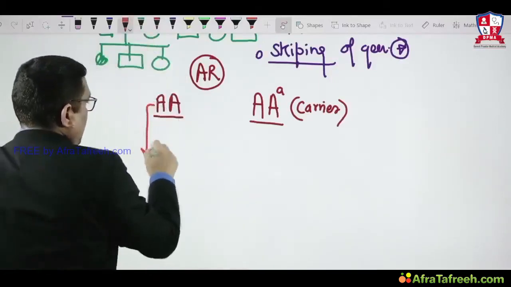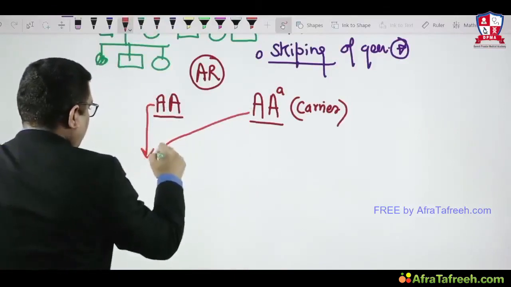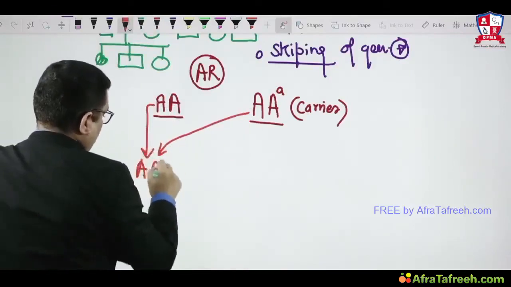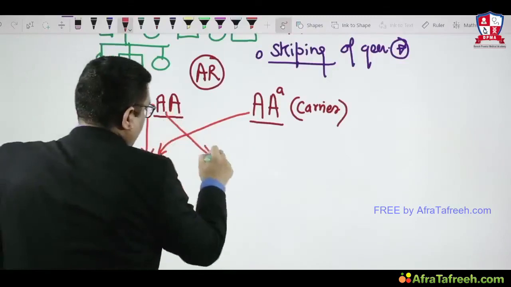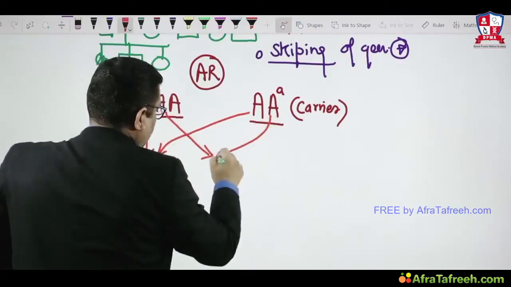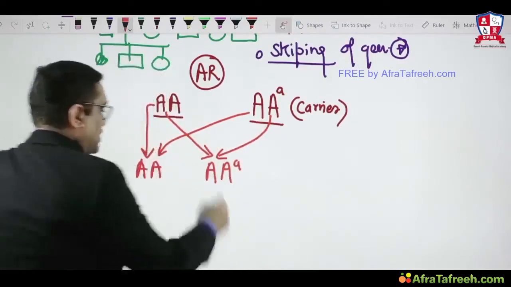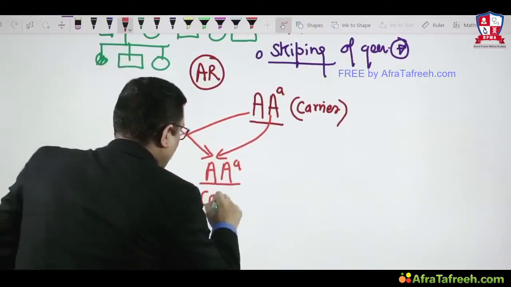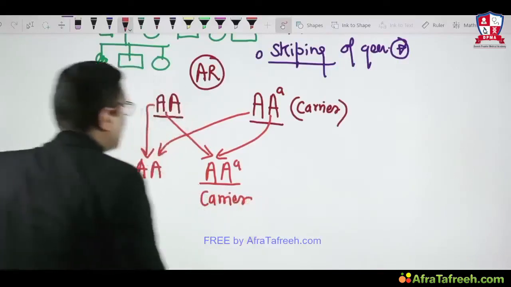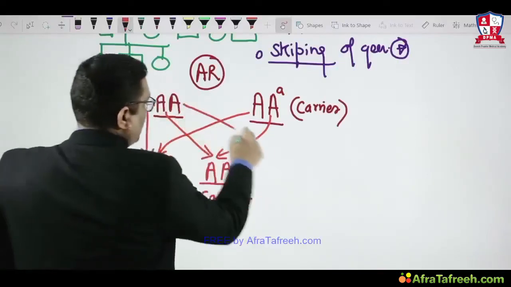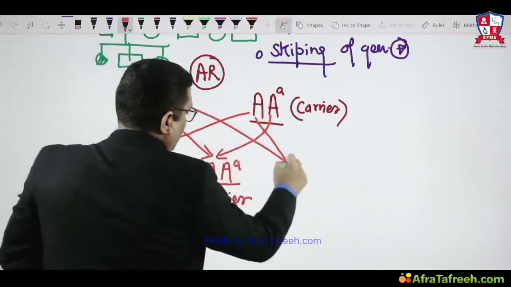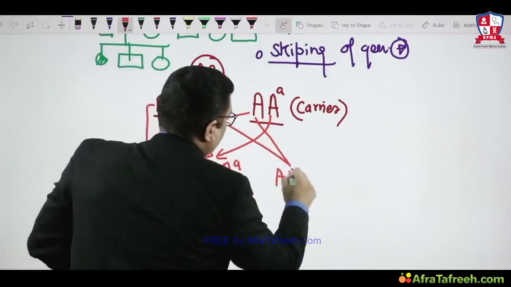See, this A and this A, so normal. Now this A and this A, so one is affected. So this will be autosomal recessive disorder. So this will be carrier, right? So this will be carrier. Now look at this one and this one, so both are again normal.